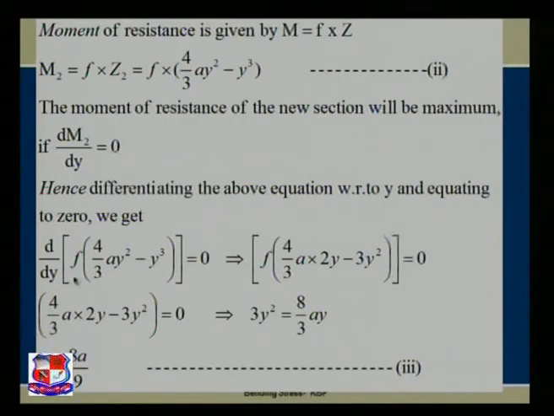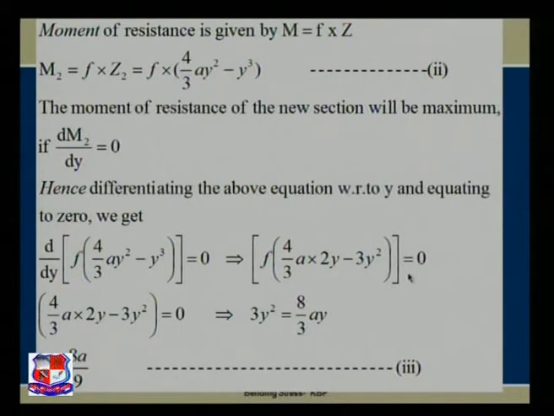Now f over here remains constant, so the term comes out of the bracket. 4 by 3 is also constant for the first term. Y square, d by dy of y square is 2y, d by dy of y raised to cube is 3y square, which is equated with 0.